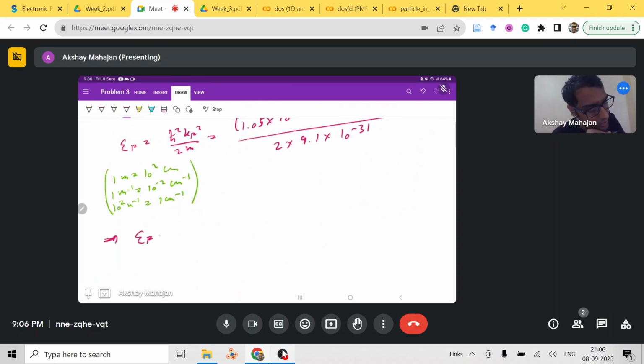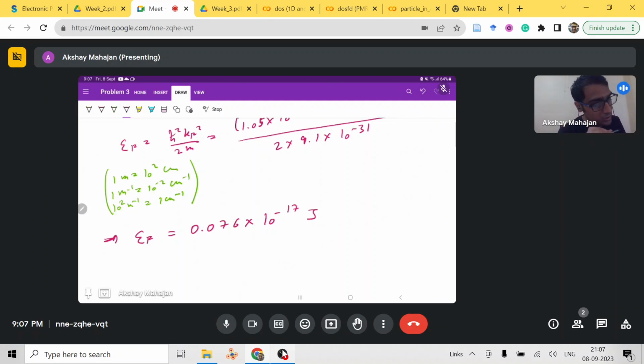So epsilon F, if we calculate, we will get 0.076 into 10 to the power minus 68, so 10 to the power minus 17. Final answer is 0.076 into 10 to the power minus 17 joule.